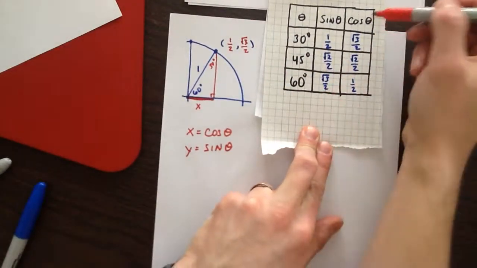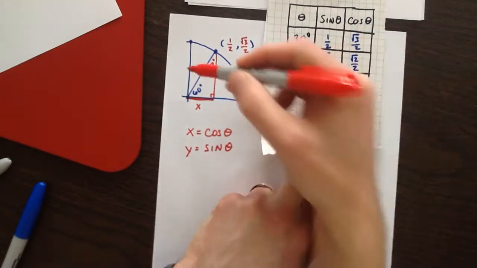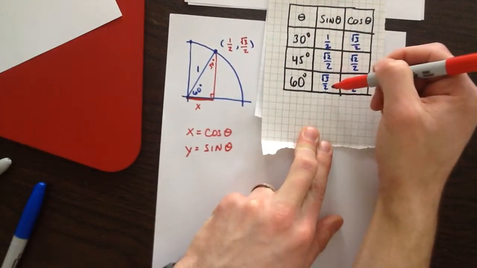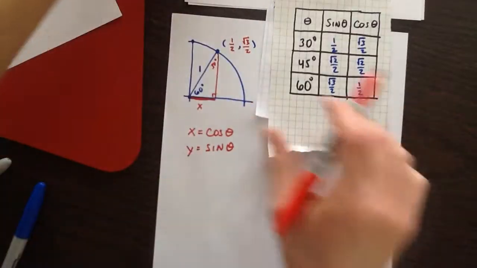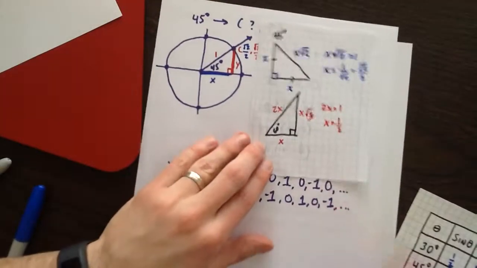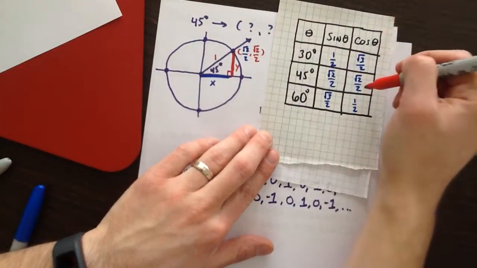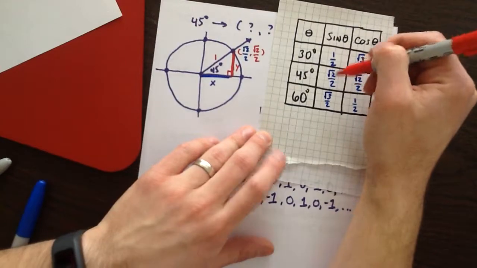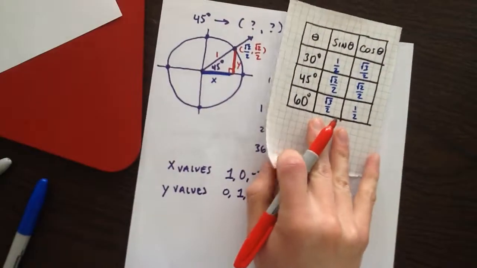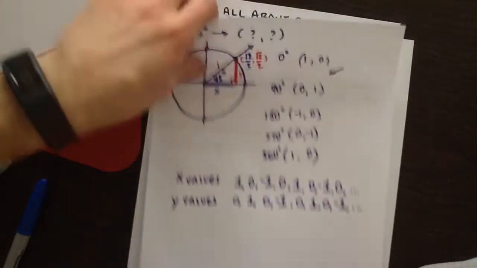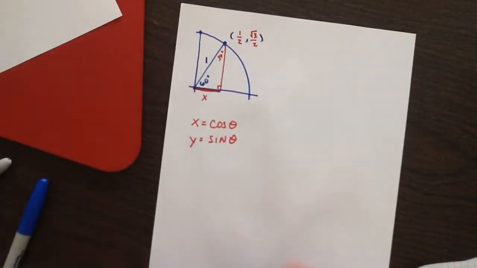Notice, 60 degrees, cosine. 60 degrees, sine. Going back to the 45 degrees, x, cosine. Y, sine. Now can we take away the numbers and do that for certain for everything?